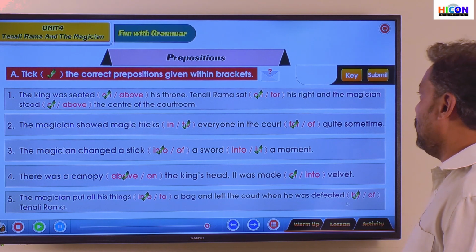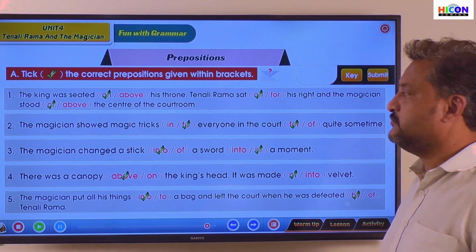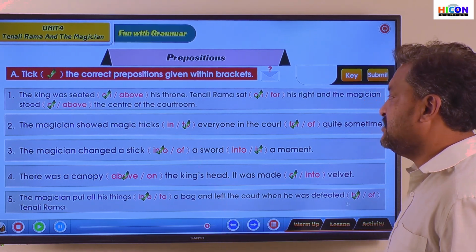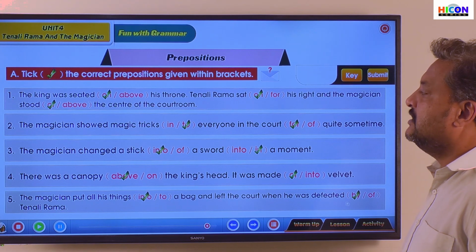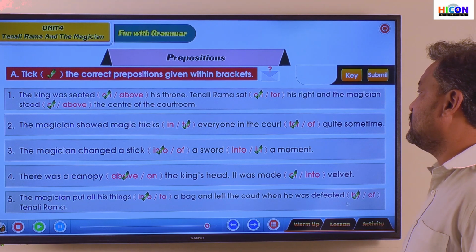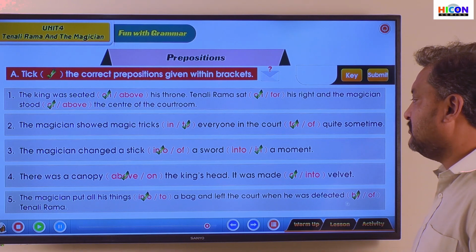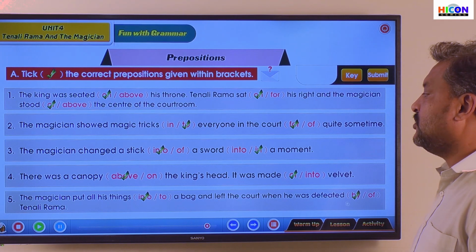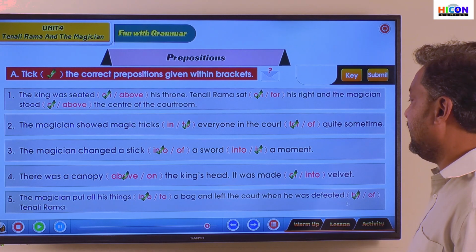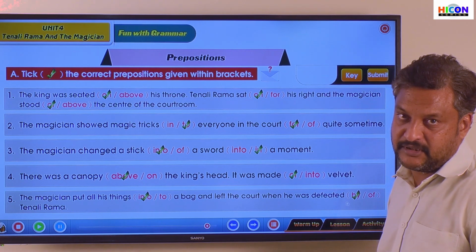Tenali Rama sat on his right, and the magician stood at the center of the courtroom. The magician showed magic tricks to everyone in the court for quite some time. The magician changed the stick into a sword in a moment. There was a canopy above the king's head. It was made of velvet. The magician put all the things into a bag and left the courtroom when he was defeated by Tenali Rama.